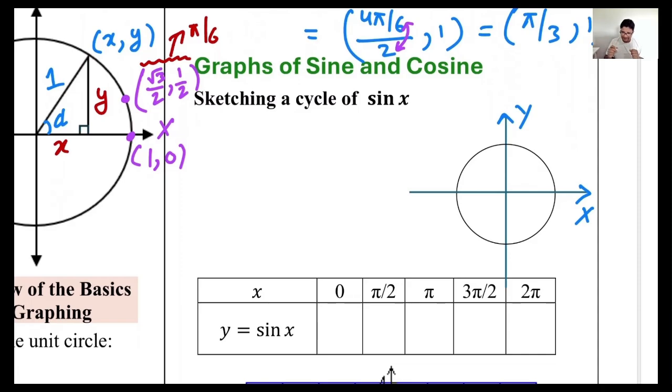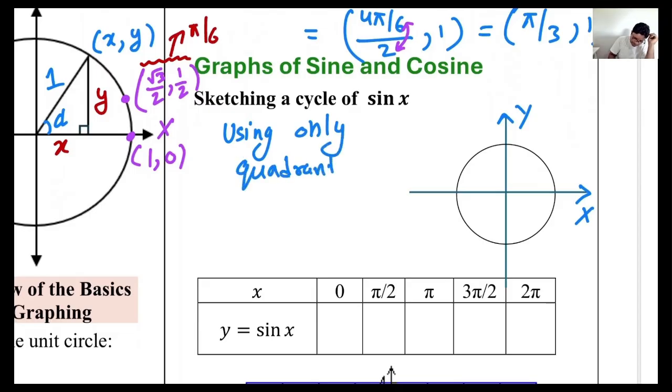Very interestingly, just by looking at what we call the quadrantal angles. Okay, for now, using only quadrantal angles. So it will give you a very, very rough estimate of the sine graph, but sufficient enough as it turns out. Okay.